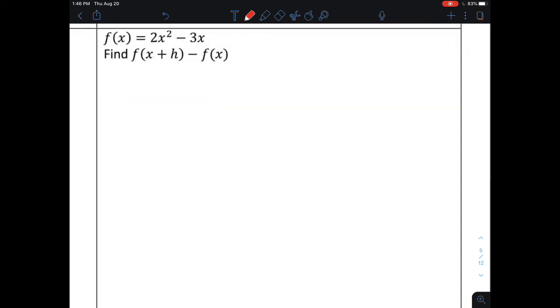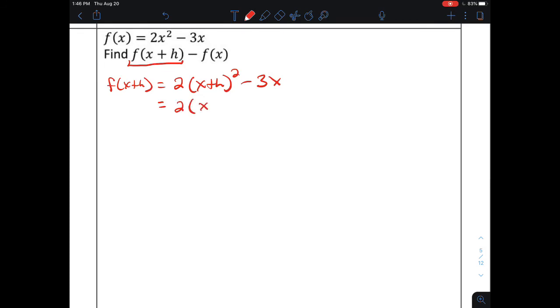All right, another example here, same thing. I'm given a function of x being 2x squared minus 3x, and I want to figure out what f of x plus h minus f of x is. So I'm going to start, we'll figure out what f of x plus h is. So f of x plus h, replace all the x's in the problem with x plus h. And then we're going to expand and try to simplify best we can.